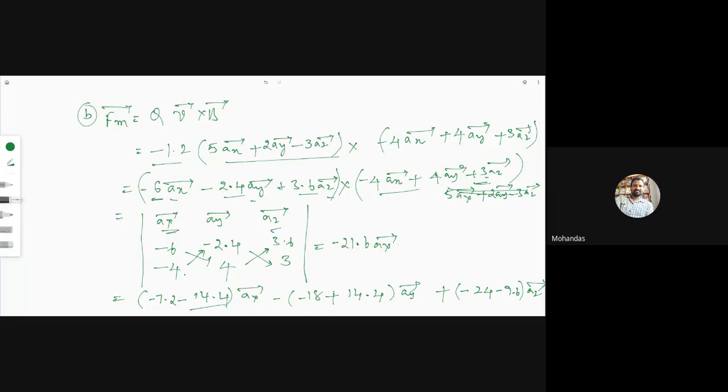Already there is a minus, minus into minus will get plus 3.6 AY. Next, both are minus, so we have to add them: 24 plus 9.6, 33.6 in the direction of minus AZ. This is the magnetic force Fm. Please note down.